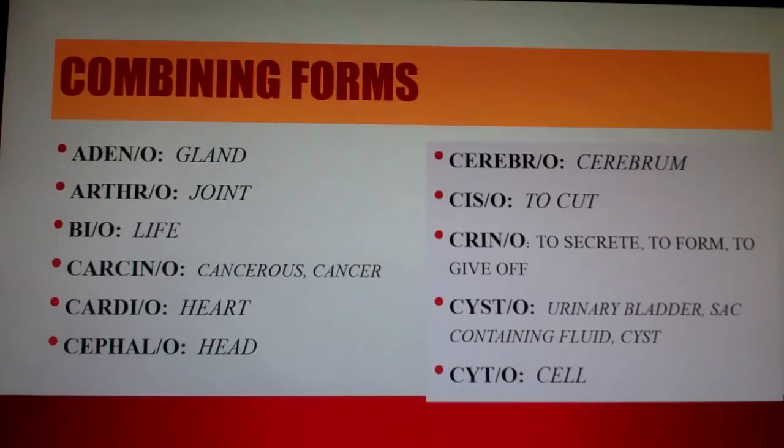Cerebro means cerebrum. Schizo, I don't always know how you pronounce them, means to cut. Crino means to secrete, to form, or to give off. Cysto means urinary bladder, sac containing fluid, or cyst. Cyto means cell.